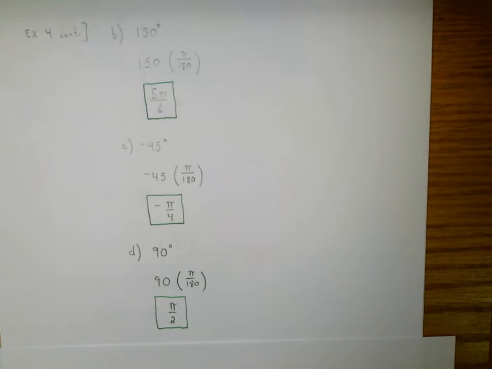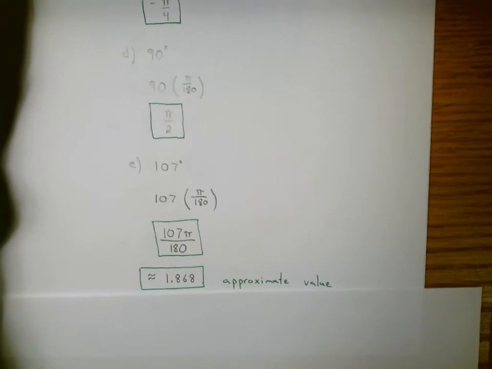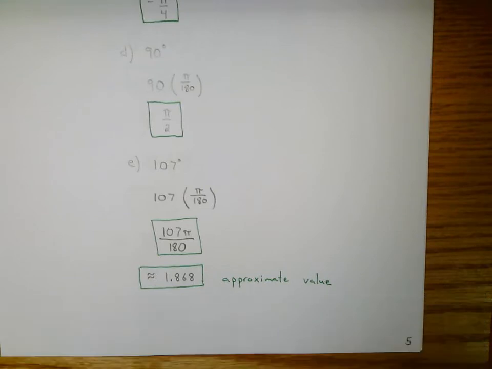Here's B, C, and D. Here's part E. I did mention earlier that we had irrational values for a lot of our radian measures.